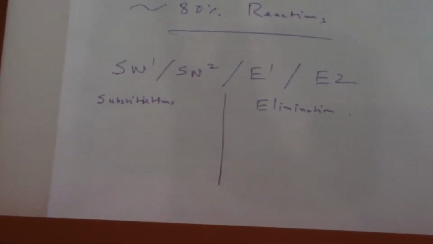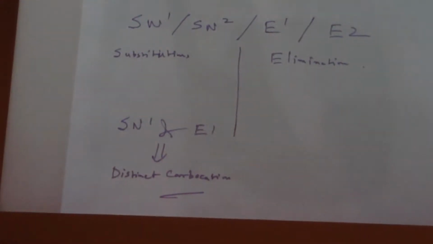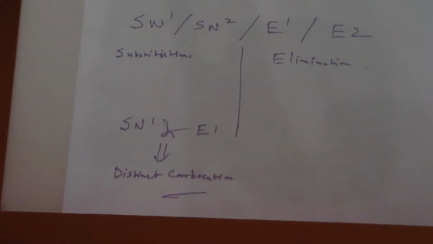That part is easy. But then SN1 and E1, they both involve a carbocation formation. They go through a distinct carbocation formation as an intermediate. And SN2 and E2 are one-step processes.